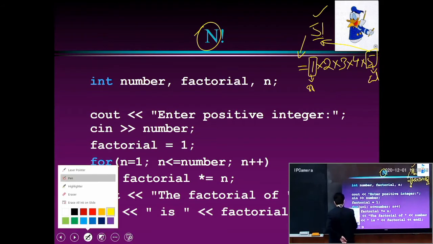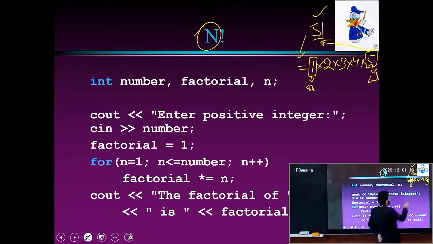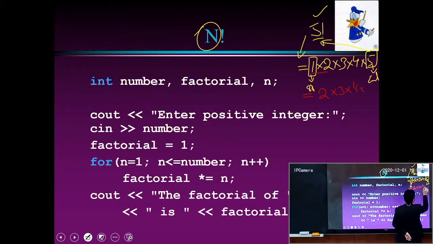Now how to solve this problem? To solve this problem, we need to multiply the first two digits. 1 into 2 is equal to 2, then multiply by 3, then multiply by 4, then multiply by 5. Then we multiply the result of the first iteration with the remaining digit.